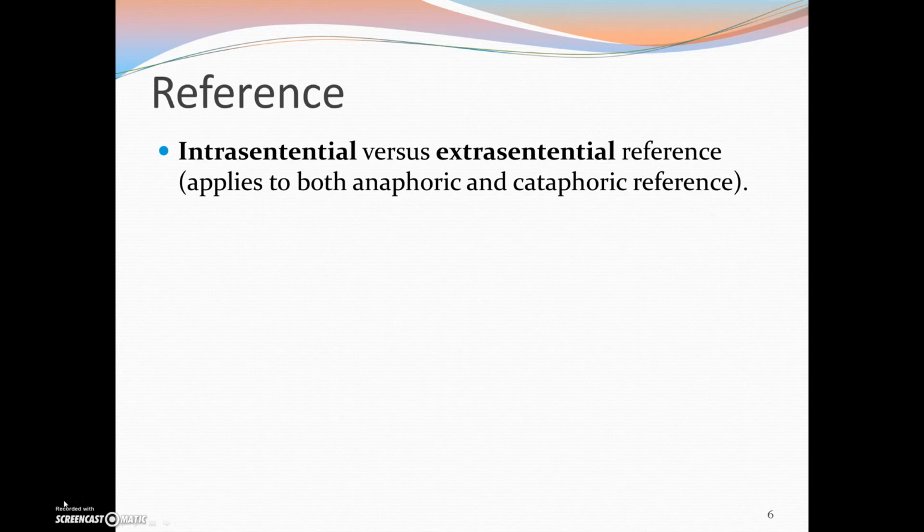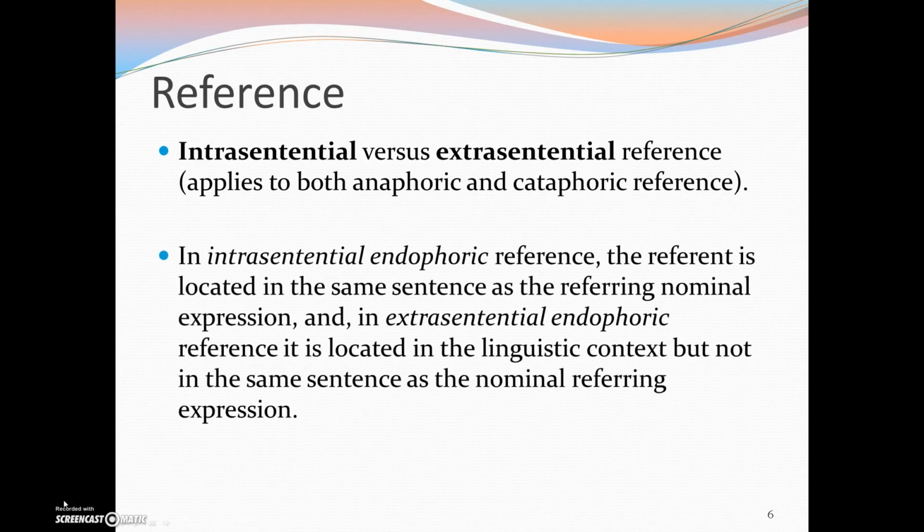Now, in reference, we also distinguish between intrasentential and extrasentential reference, and this applies to both anaphoric and cataphoric reference. So, in intrasentential endophoric reference, the referent is located in the same sentence as the referring nominal expression.